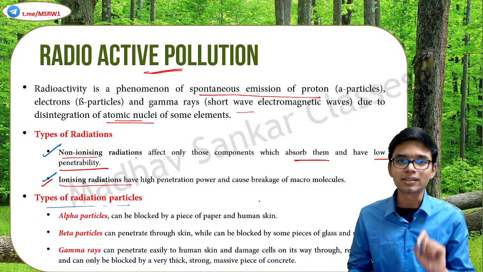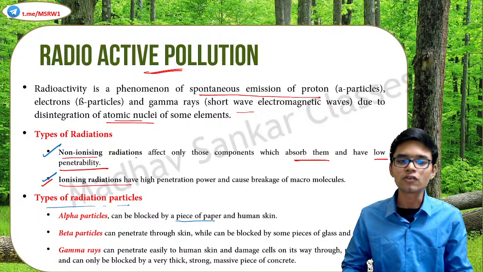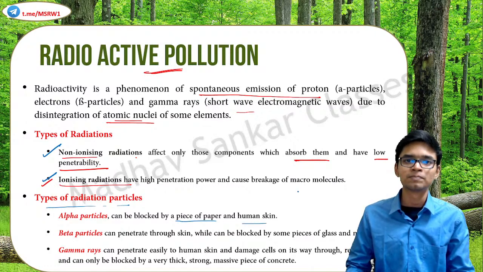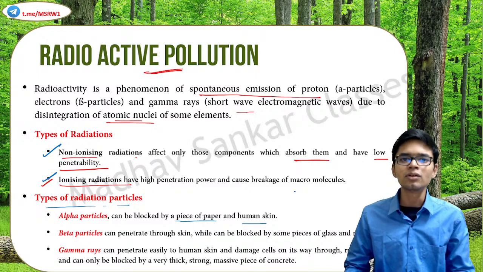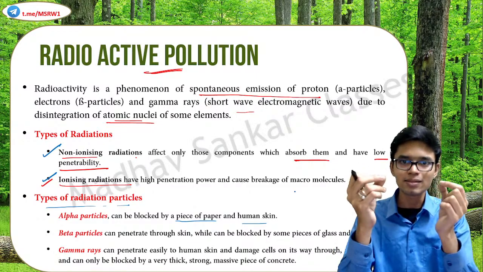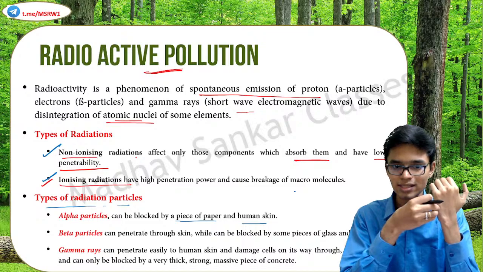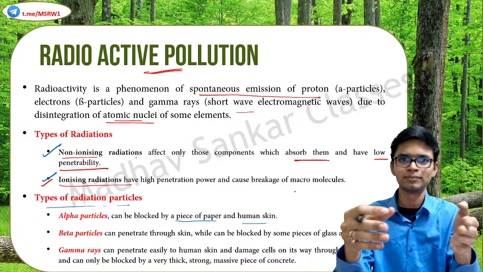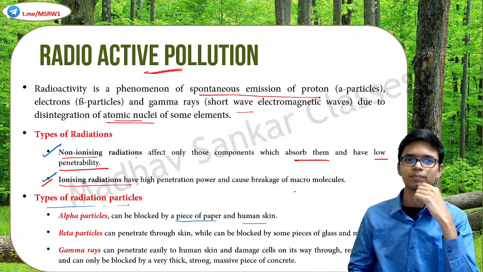Alpha particles can be blocked by a piece of paper and human skin, so not too much of an issue. Even something as thin as paper or human skin can block them and prevent them from going any further.